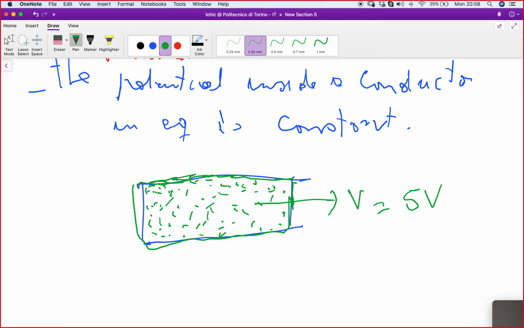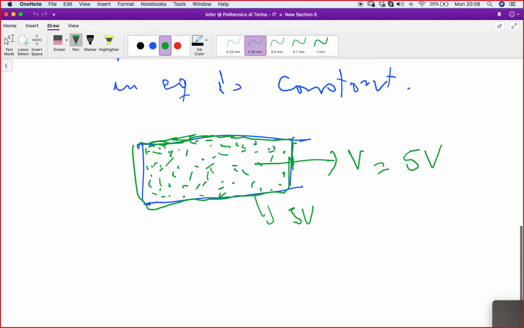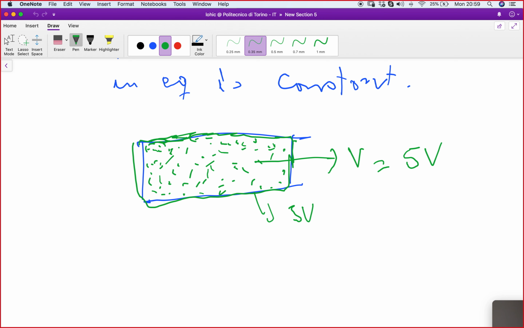So we just proved that also on the surface the potential will be exactly 5 volts. So what is our fourth property?